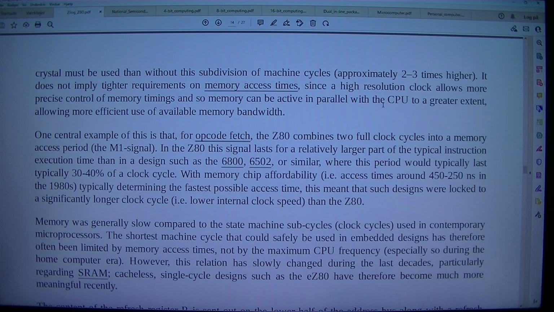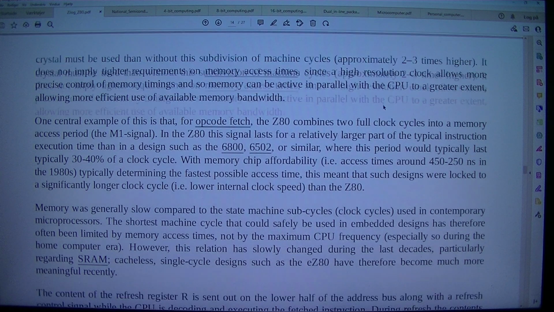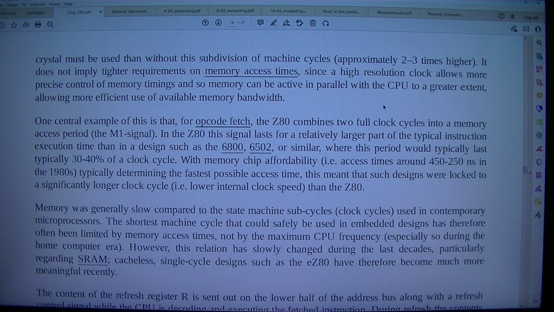It also means that a higher frequency crystal must be used than without this subdivision of machine cycles, approximately 2-3 times higher. It does not imply tighter requirements on memory access times, since a high-resolution clock allows more precise control of memory timings, and so memory can be active in parallel with the CPU to a greater extent, allowing more efficient use of available memory bandwidth.